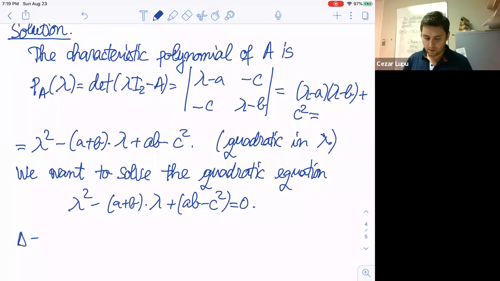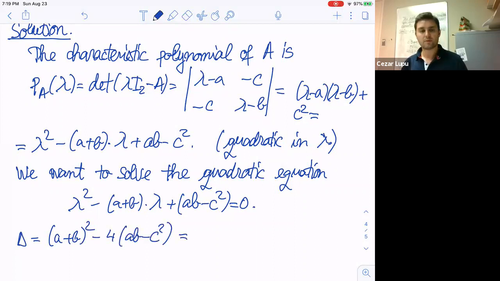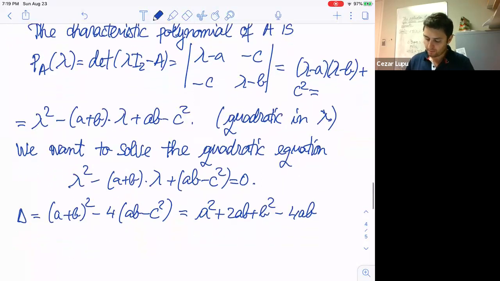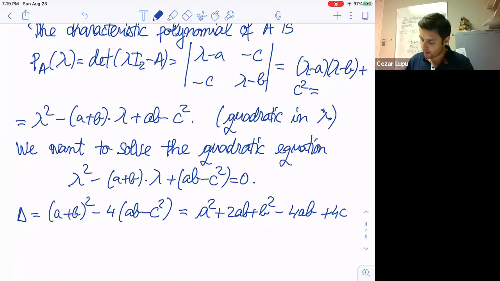The discriminant delta will be a plus b squared minus 4 times ab minus c squared, which, if we carefully do some computations, will be equal to a squared plus 2ab plus b squared minus 4ab plus 4c squared. Okay, great.